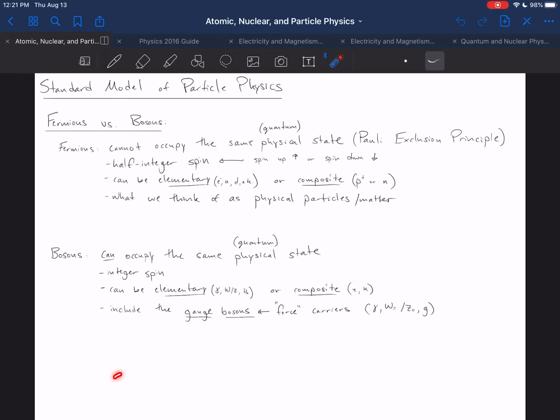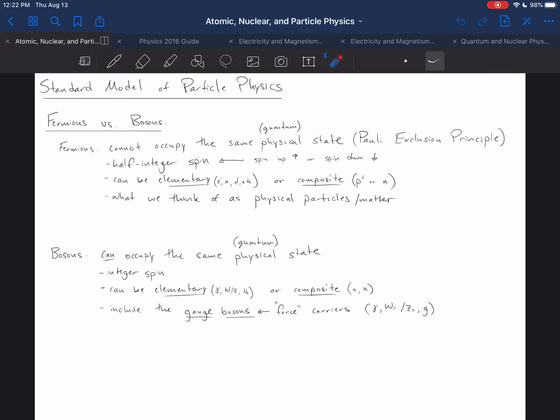Bosons also include what are known as the gauge bosons, which we will see a little later. Gauge bosons are particular bosons that are the force carriers for the different interactions. The electromagnetic interaction has a force carrier or interaction mediator of the photon. The photon is what carries the information about the electromagnetic interaction from one particle to another.